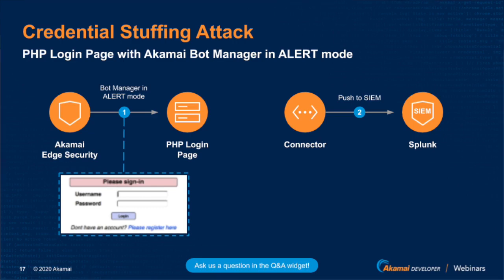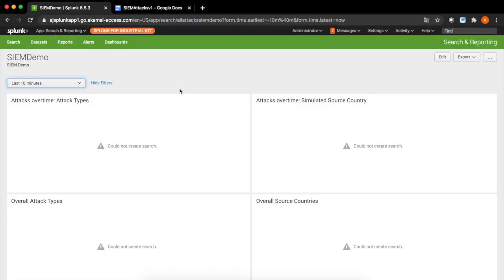First of all, in Splunk, I have built a dashboard for today's event where the attacks will be coming in different types, originating from very different countries. As you saw, credential stuffing attacks can be generated from all over the world.